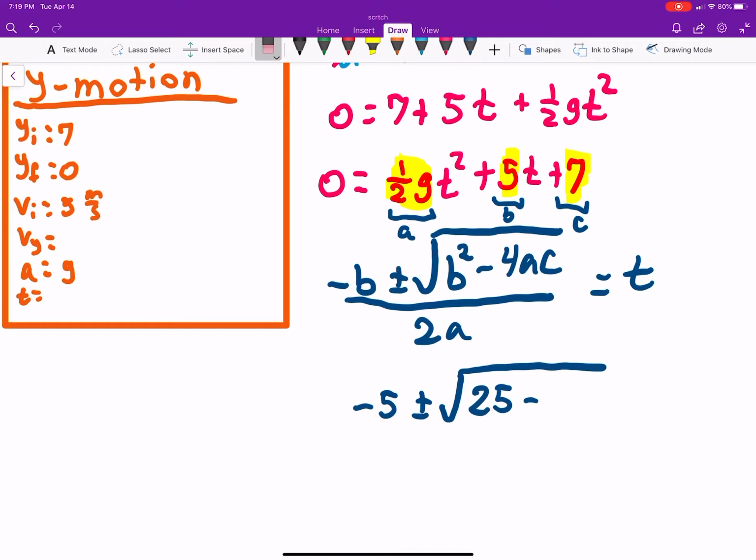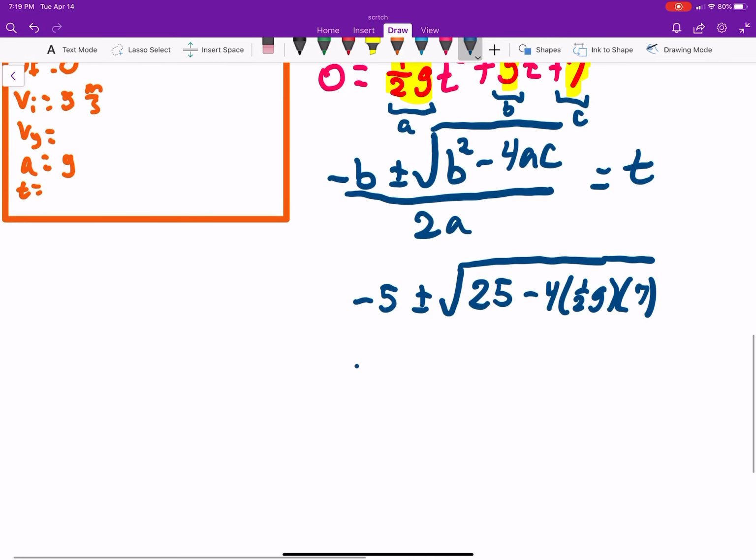Sorry, let me fix this real quick. Minus 4 times a times c. There we go. So negative 5 plus or minus the square root of 25 minus 4 times 7 is 28. Half of 28 is 14 times gravity g.